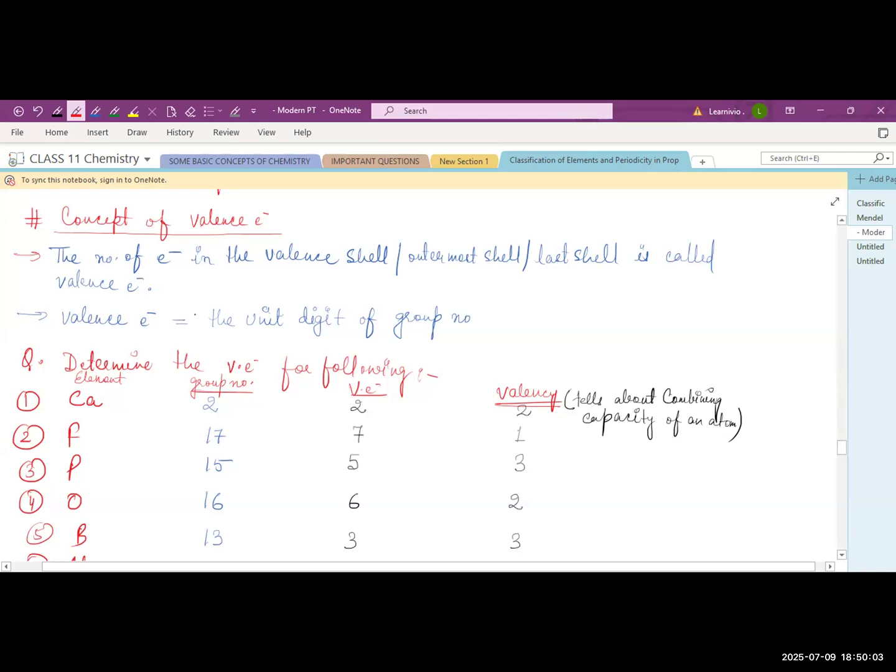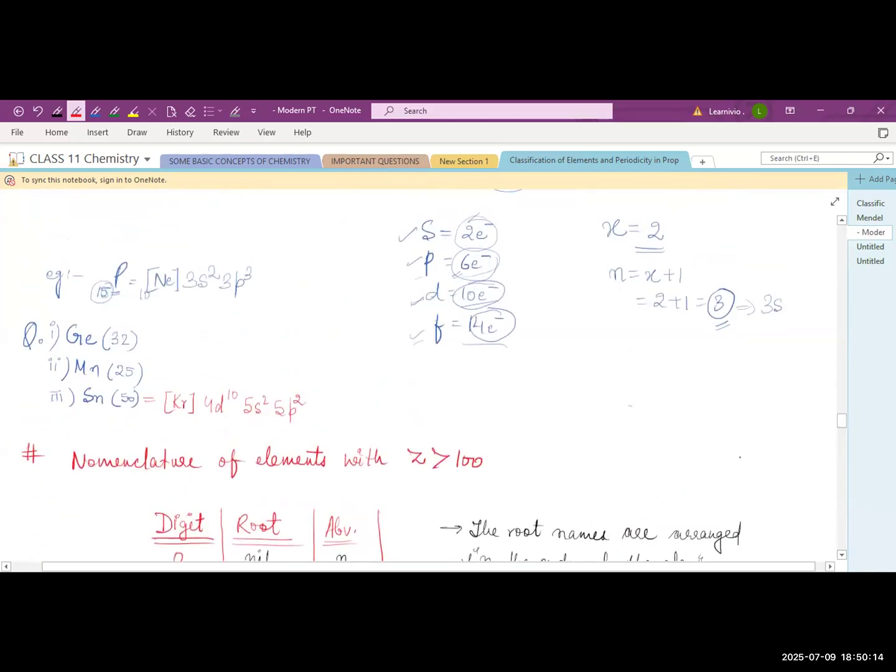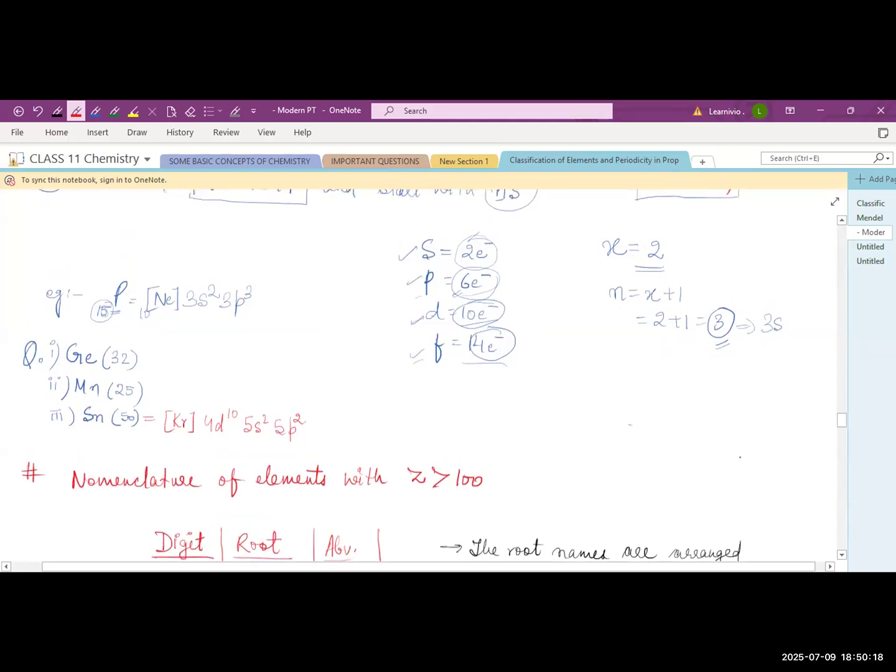So it's the number of electrons in the valence shell or outermost shell. For example, I just observe that some students always make a mistake. Like अगर मैं पूछूं Sanidhi, in this, what is the number of valence electrons?